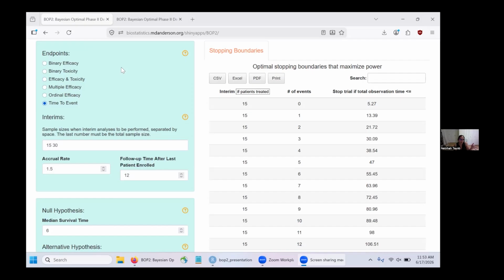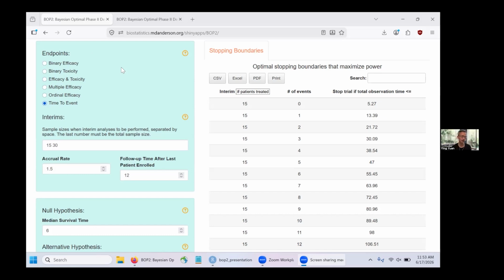Or the opposite for toxicity, you've hit your boundary already, it's too toxic. Even if you haven't got the full enrollment of the interim, you can make a decision because you've already hit your threshold. But in this case, you have to enroll all your patients and then you can assess them.